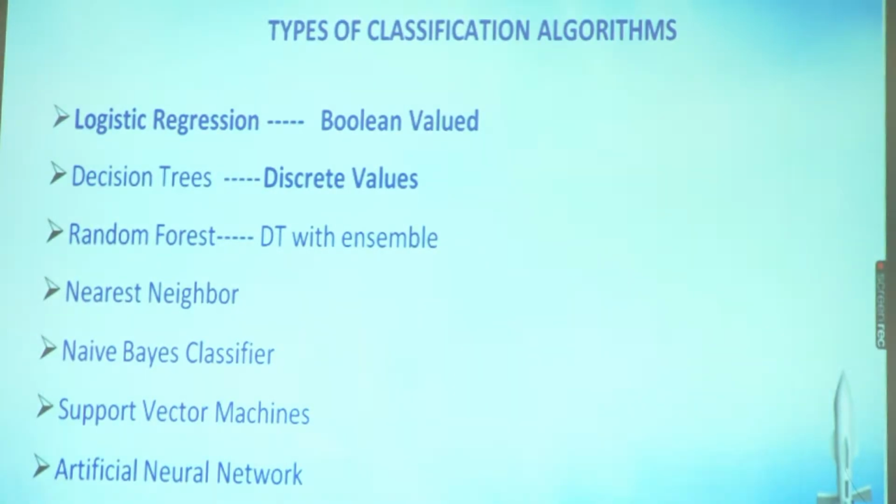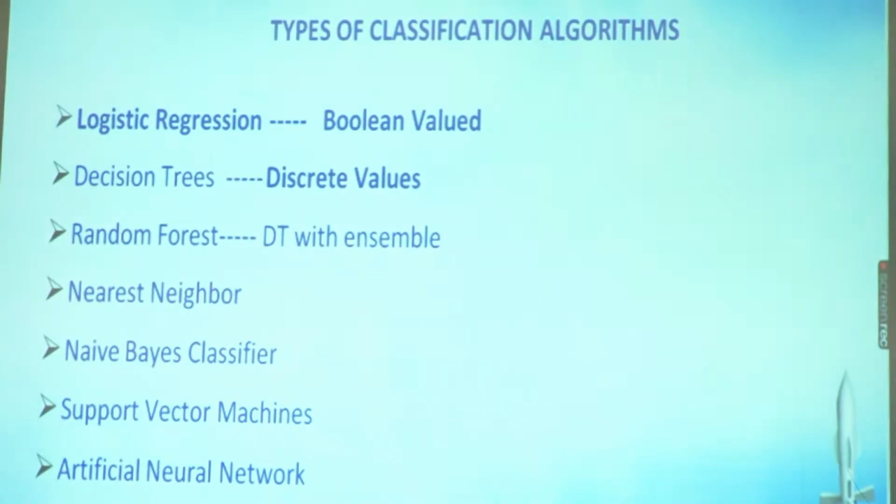Logistic regression: when we have Boolean valued outcomes, yes or no, when two or multiple classes are there, we go for logistic regression. We go for decision trees when we have discrete valued outcomes, where the outcome can be a real number or a Boolean value.